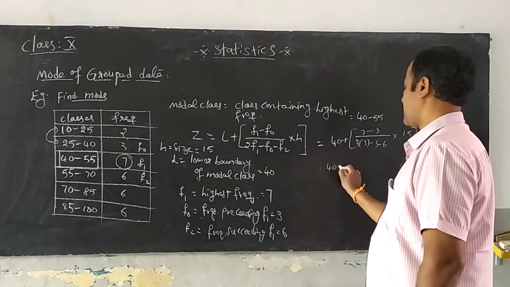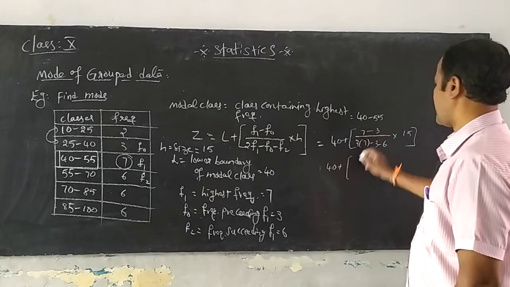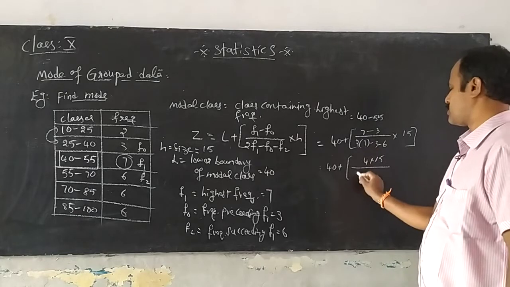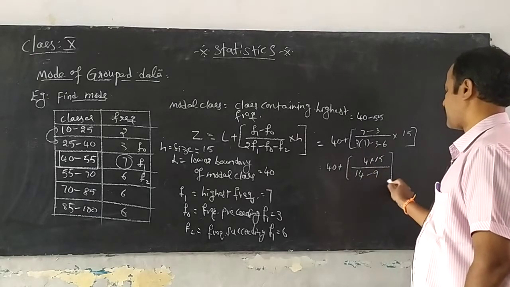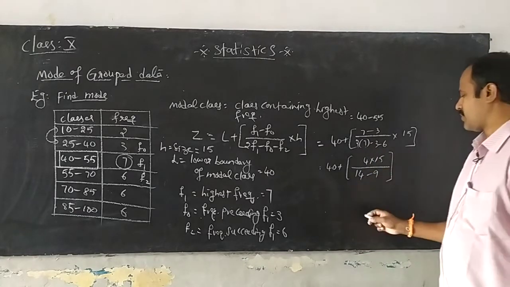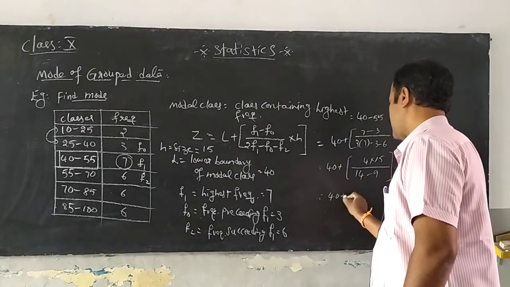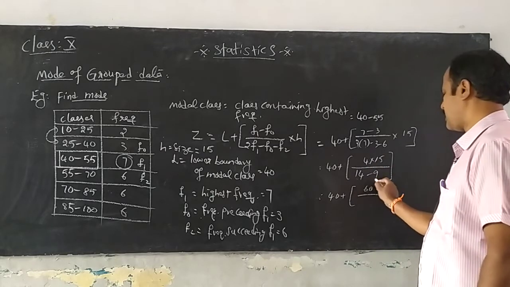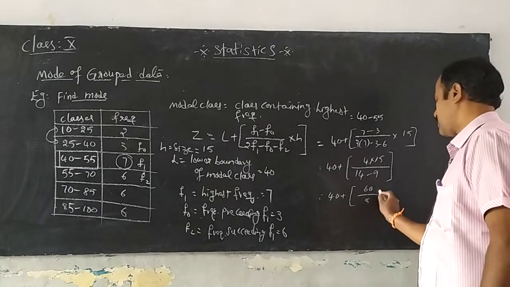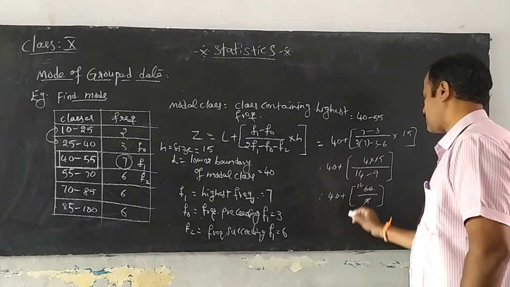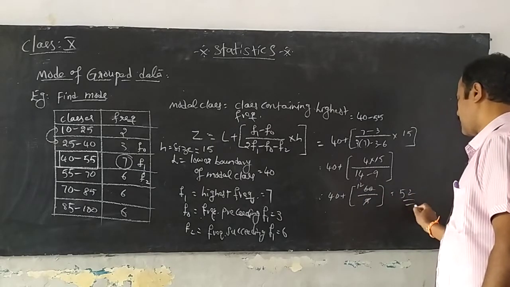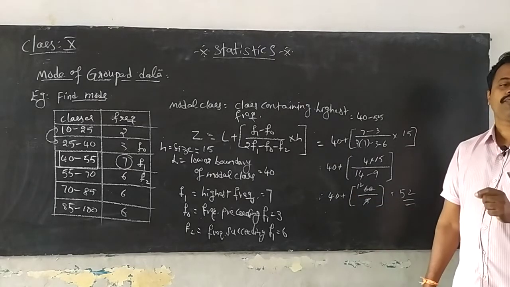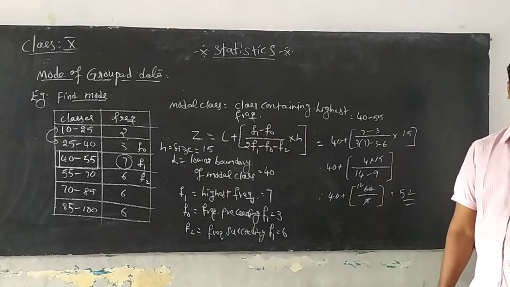That is 40 plus 4 into 15 by (14 minus 9). 14 minus 9 is 5. So you get 40 plus 60 by 5, that is 40 plus 12. So your answer is 52. This is the method to find the mode of a given grouped frequency distribution.